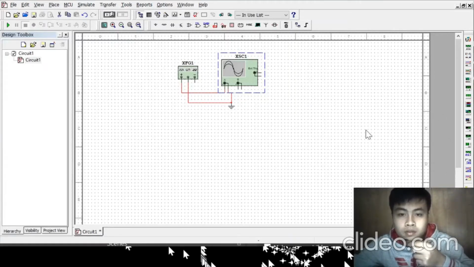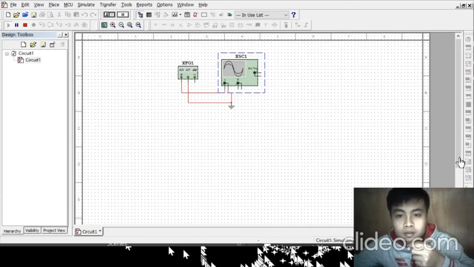Here I will run it first. Oh no, we have to change this to AC because we are using AC here. Now I click run.